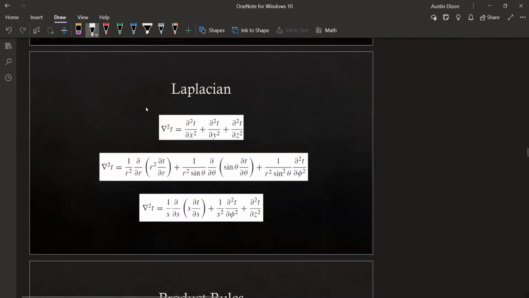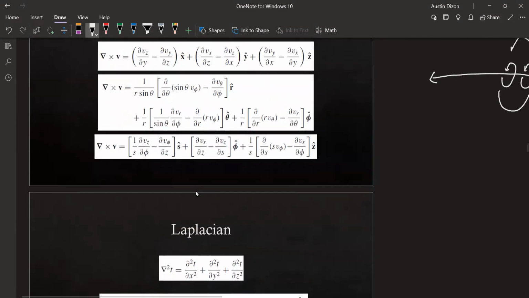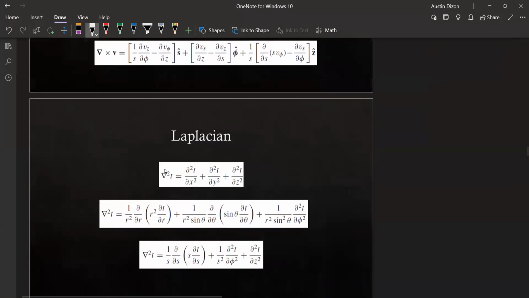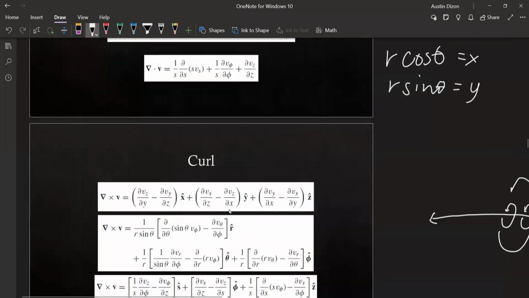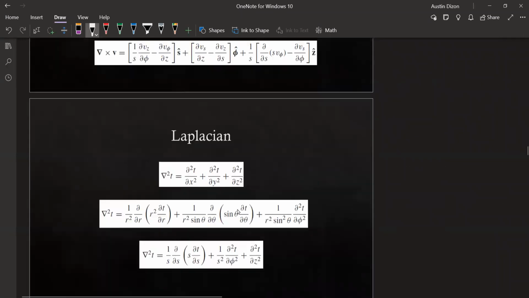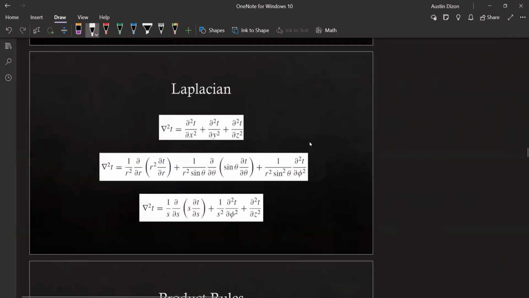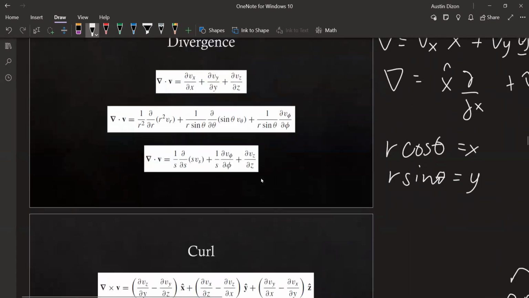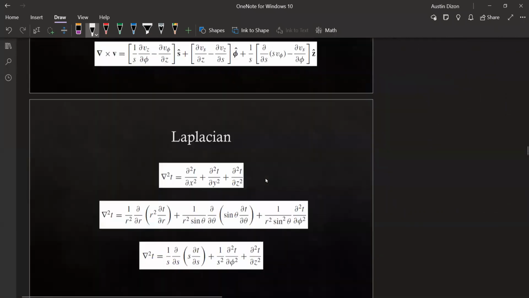And then, lastly, the Laplacian. Our Laplacian is this guy, a double derivative. You have now made it a double derivative. So how do we get this? It is the divergence of a gradient.